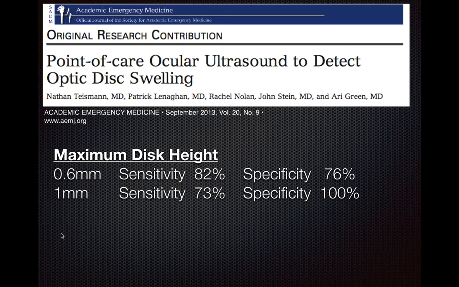For the maximum disc height of 0.6 millimeters, this is the cutoff that they recommend to increase the sensitivity for detecting papilledema. It's not as specific, but if you get up to 1 millimeter, your specificity greatly increases, and the likelihood of pathology going on is greatly increased.